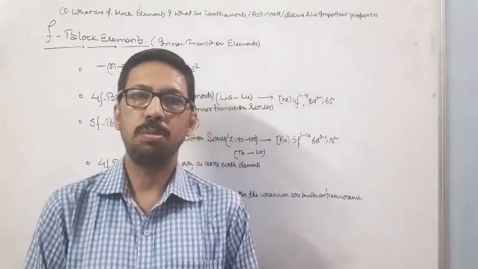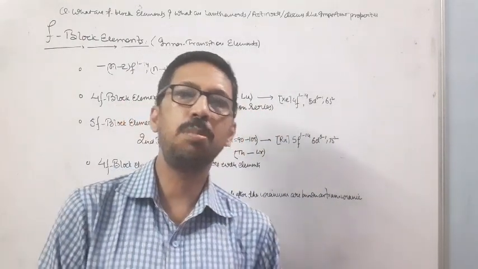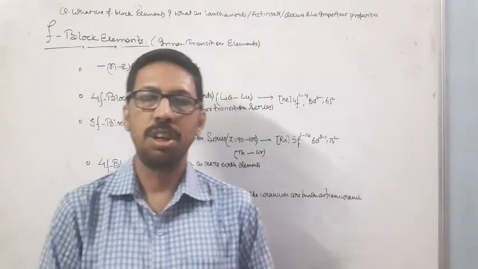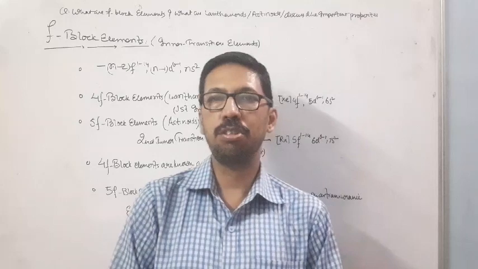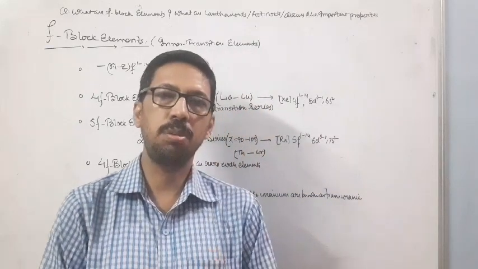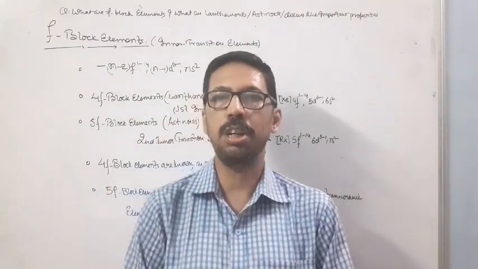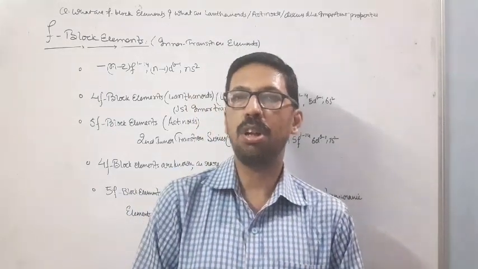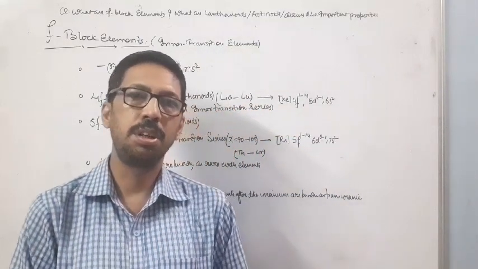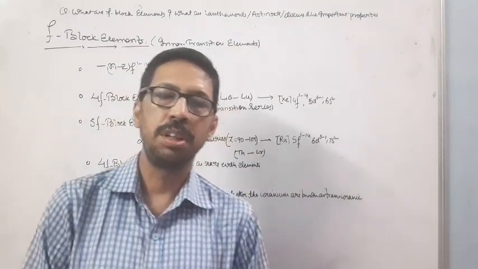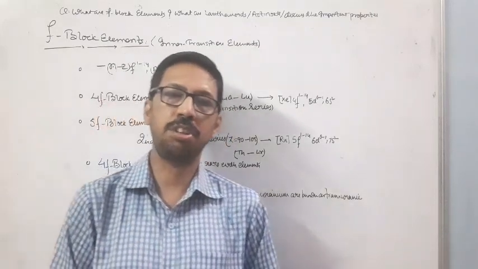Most of the elements of the actinoid series are radioactive in nature, and the elements after uranium are known as transuranic elements.